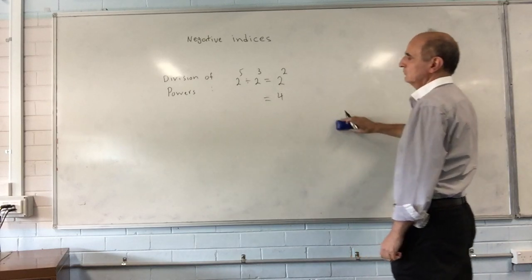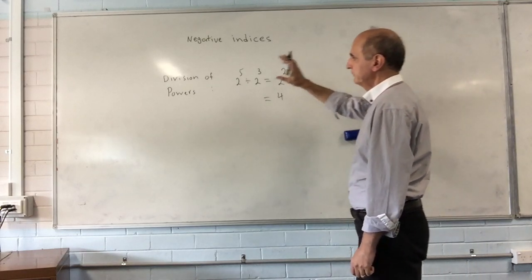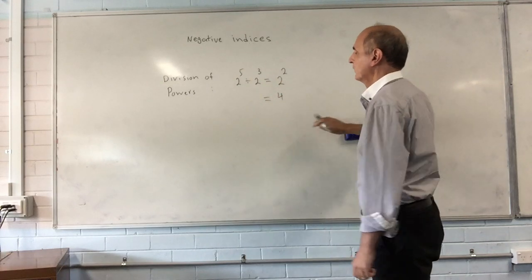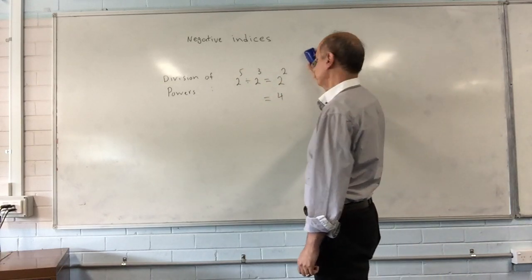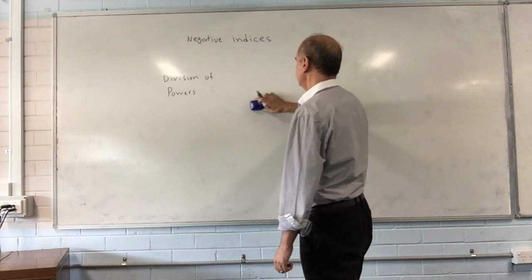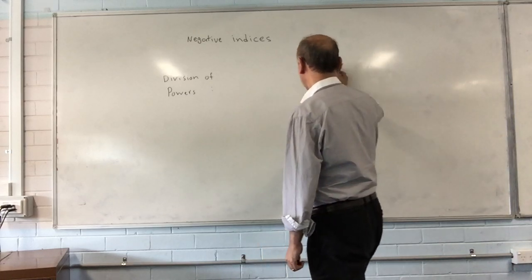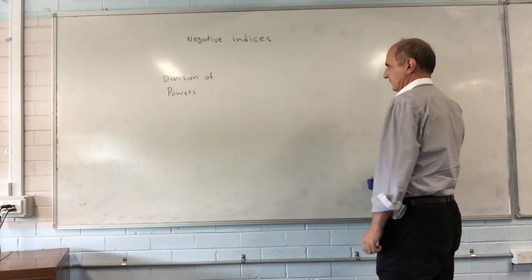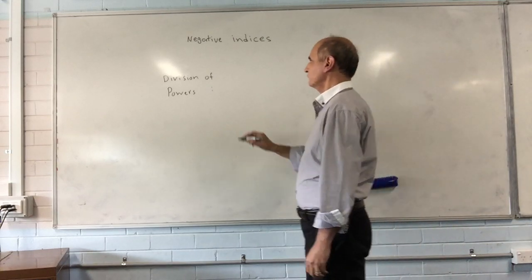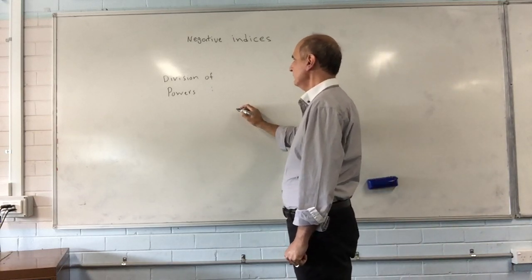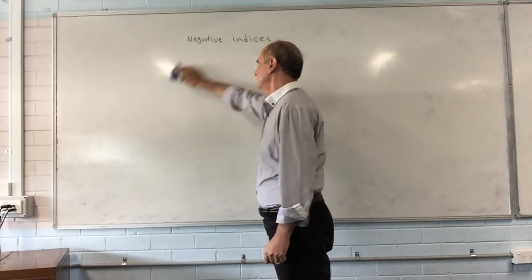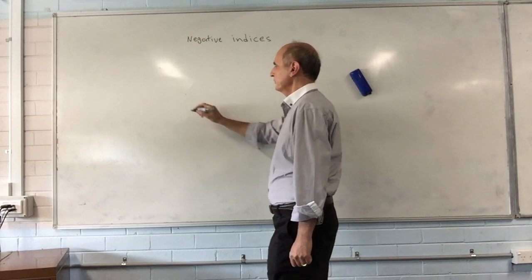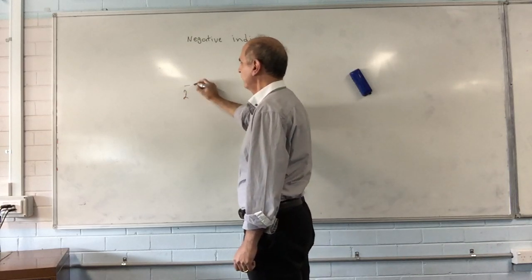We are going to use this definition to come up with a meaning for negative indices. Suppose I have 2 to the power of minus 3.